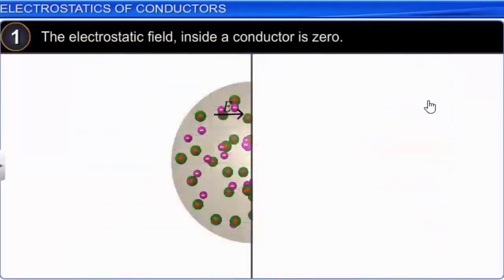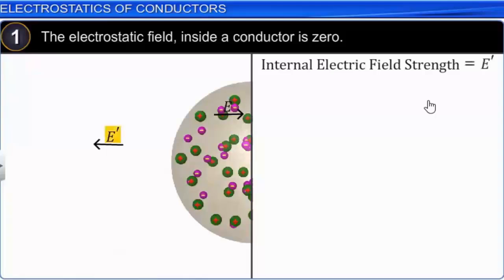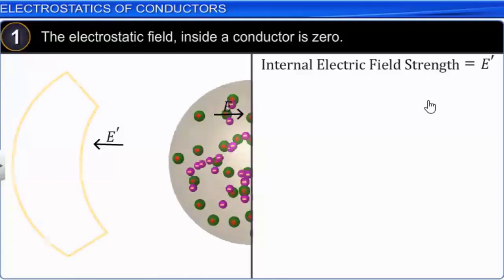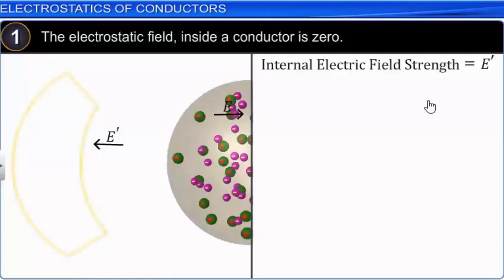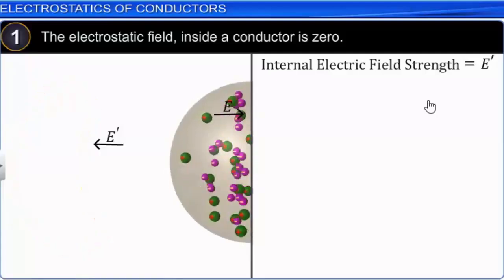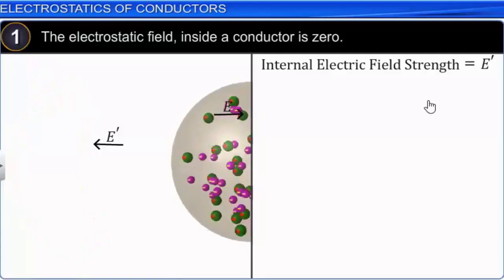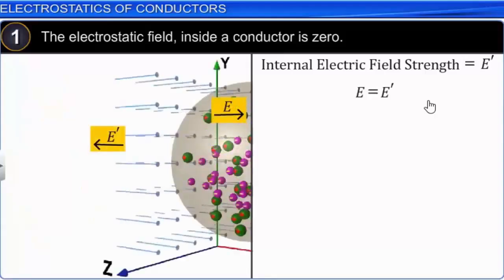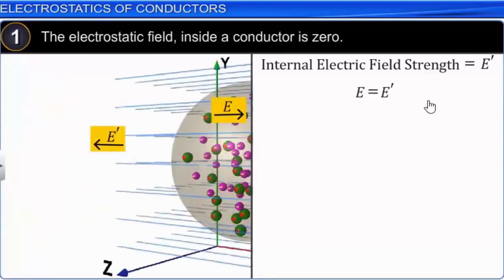These planes of charge create an internal electric field whose strength is denoted by E dash, opposite to that of the external electric field. Within a short interval of time, the surface charge density of electrons present on the left surface increases until the strength of the internal electric field becomes equal to that of the externally applied electric field strength.